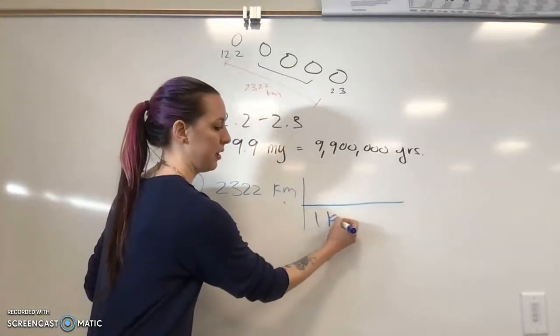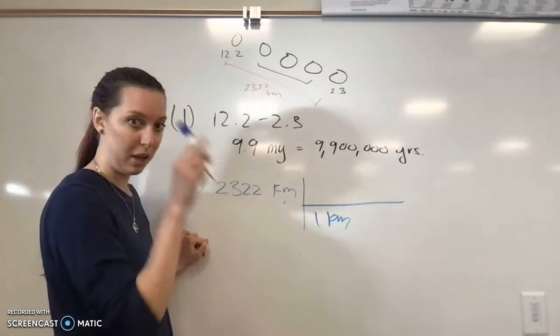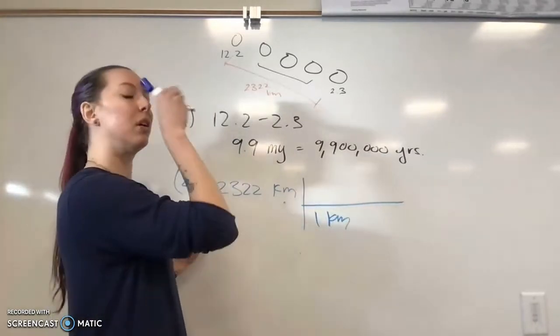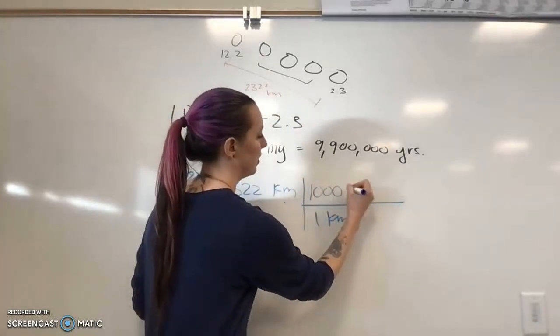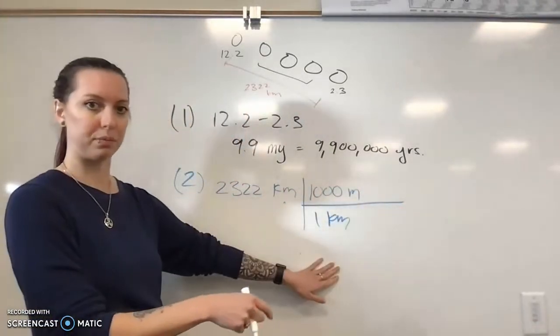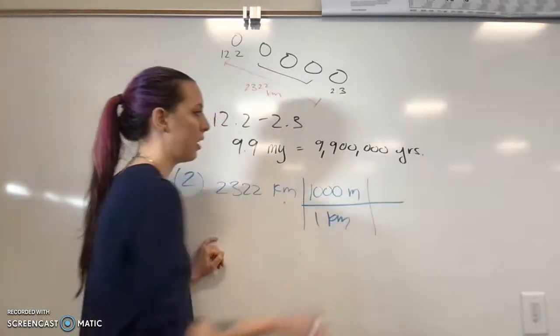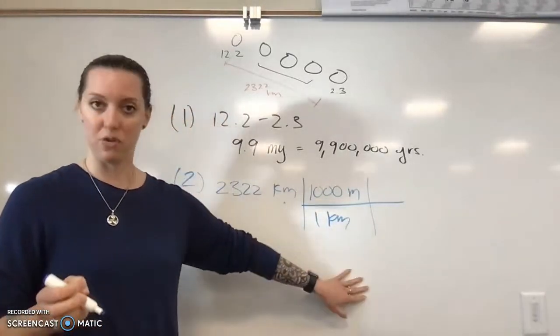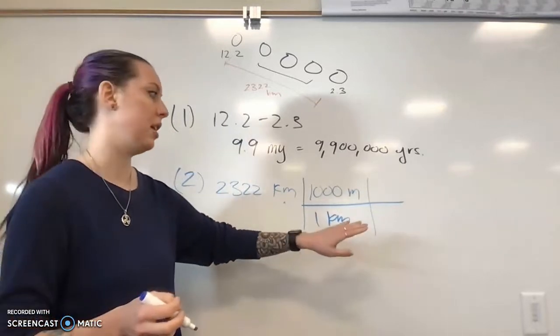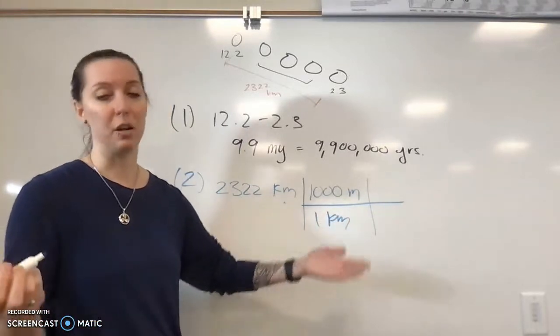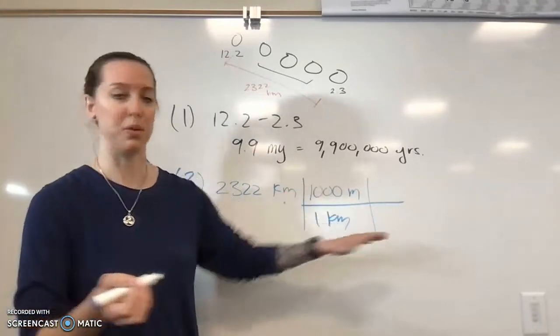So in 1 kilometer, I have, think about it, how many meters? 1,000, right? 1,000 meters are in 1 kilometer. Okay? But we're not quite there yet. I will, in the directions, tell you what units I want you to end in. Spoiler alert, I want them in centimeters per year. So we have one more step to go.